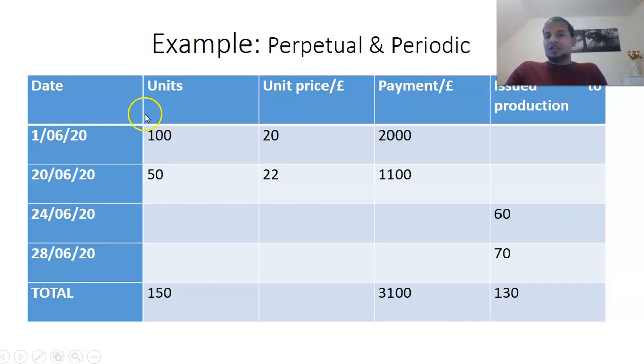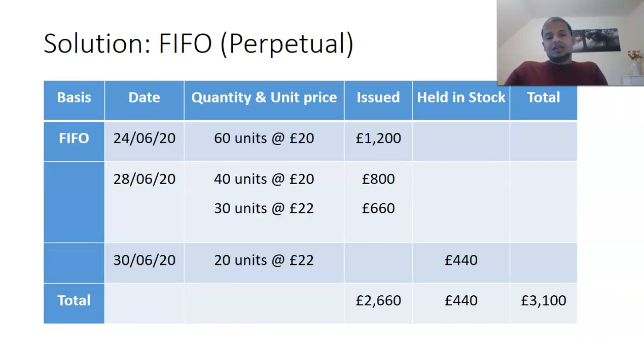But in this question, nothing is mentioned as opening stock. So total purchase is the material available, no opening stock. So 150 minus materials used for production 130. So in this example, 20 units should be available as closing stock on the last day of the month.